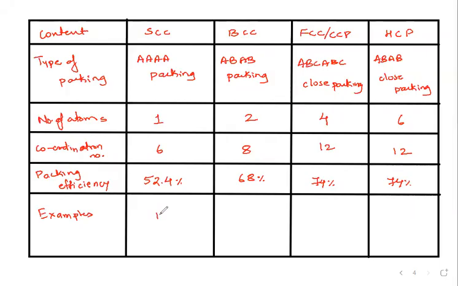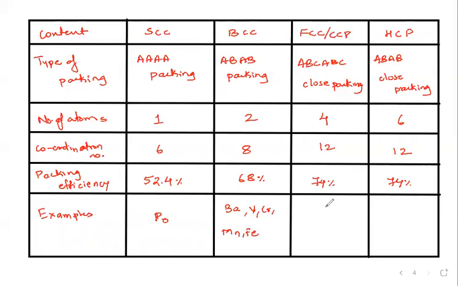If I talk about some examples, we have polonium, which shows simple cubic cell. Then for BCC we have barium, vanadium, chromium, manganese, and Fe.